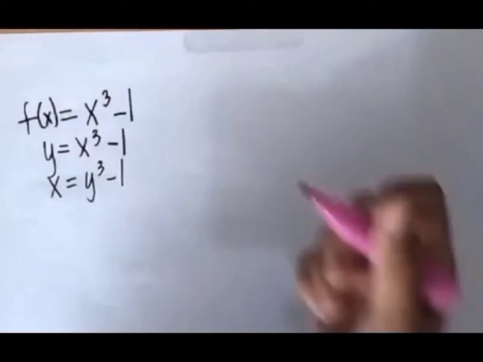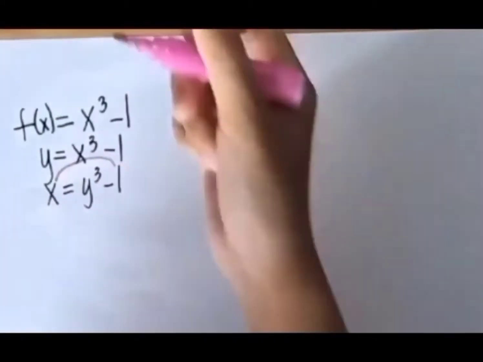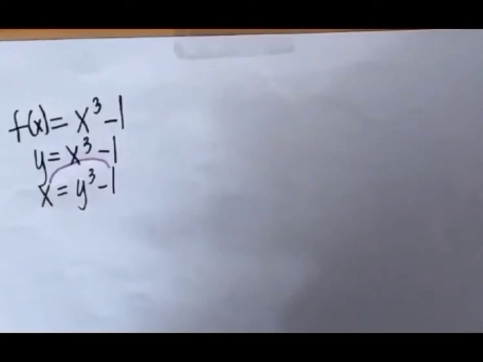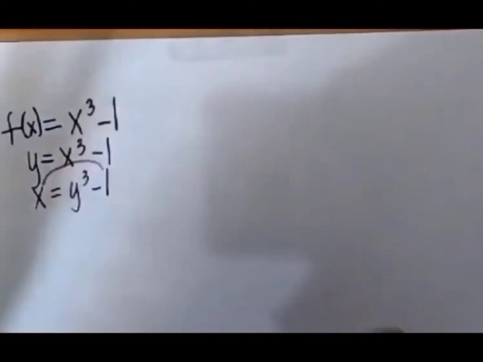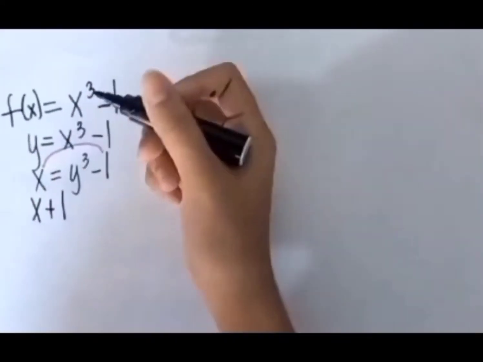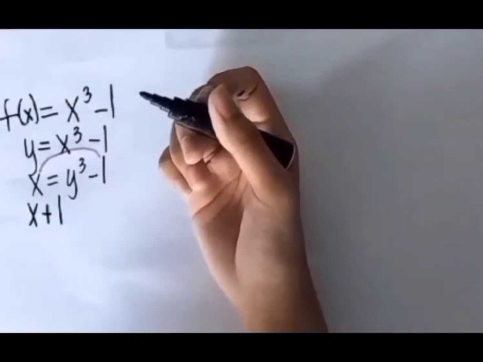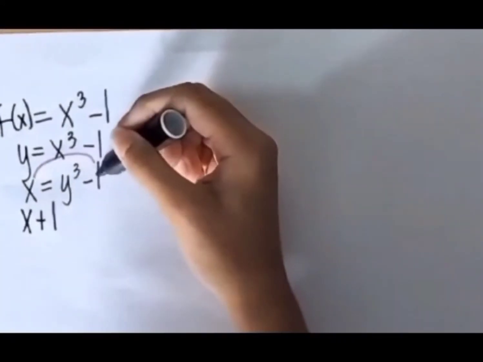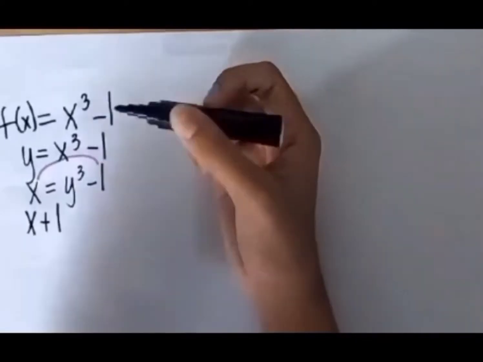So, let's move the negative 1 here. At magiging x plus 1. So, paano siya naging plus? Kasi itong negative 1 ay inilipat natin, kaya nagbago ang kanyang sign. Equal y cube.